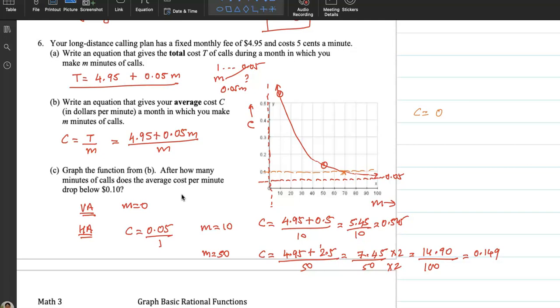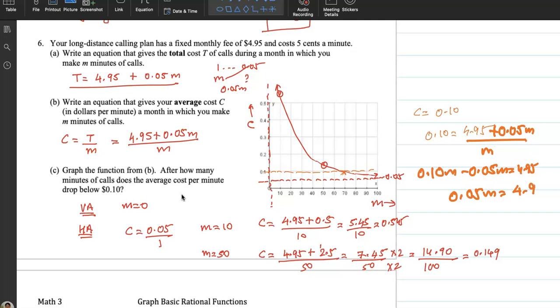So 0.10 is equal to 4.95 plus 0.05 m upon m. So 0.10 m minus 0.05 m is equal to 4.95. So 0.05 m is equal to 4.95.